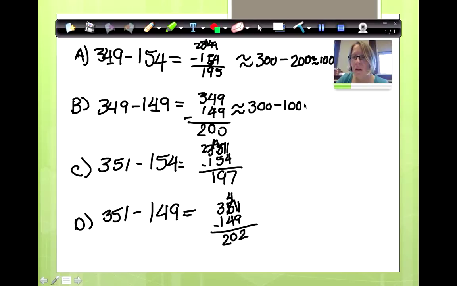Okay, now let's do the same thing with this one, with your approximate signs. 351, is it above the 50 mark? Yeah, just barely, but it works. We can round it up. So this is going to be 400. What did 154 round to? Rounded up to 200. Which is approximately 200. Okay?